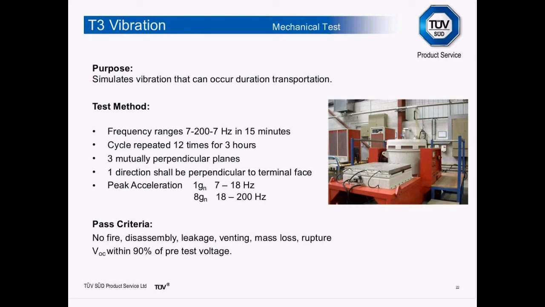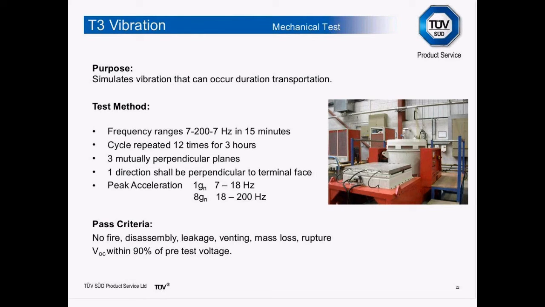Next test is T3, which is the vibration test, and basically this is to replicate or simulate vibration that could occur during transportation. And basically the sample is clamped securely, without influencing the test, onto the test table that you can see on the right.